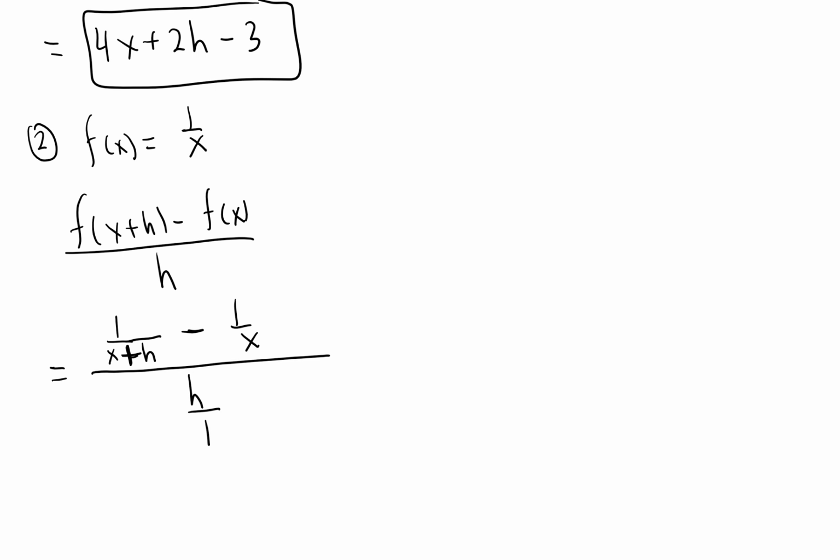Now, how do we simplify these kind of fractions? Those are called complex fractions. We look at all the denominators, this, and this. The LCD, their LCD is x times x plus h.